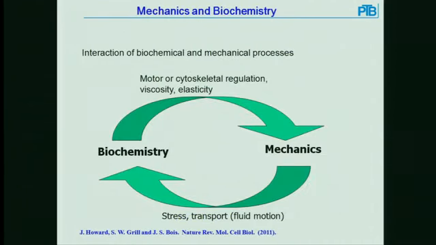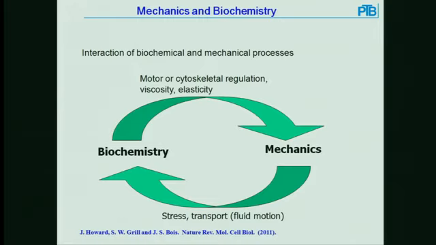All right, and in a nice small review article, Joe Howard, Stephan Grill, and Justin Bois from the MPI for Cell Biology in Dresden actually stressed that these mechanochemical mechanisms may provide a nice alternative, and it's actually seen in many cells and tissues already.